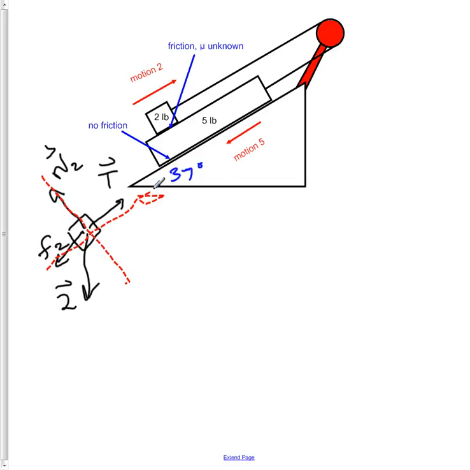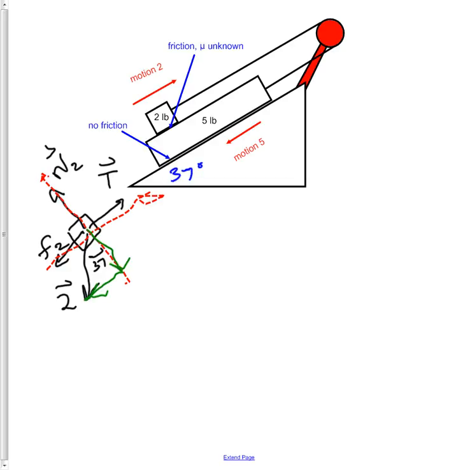The positive x-axis is this way, the positive y-axis is this way, and so now I have to resolve my forces, and I will do that in green again. So the two components of the 2-pound force are like this, and this is 37 here.